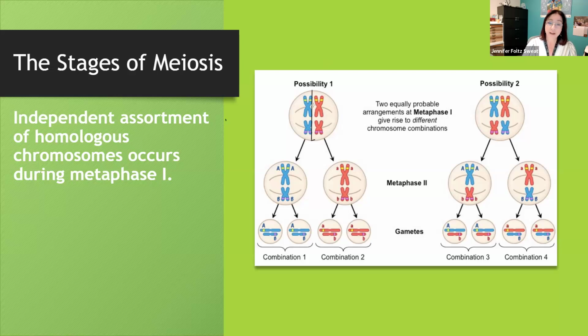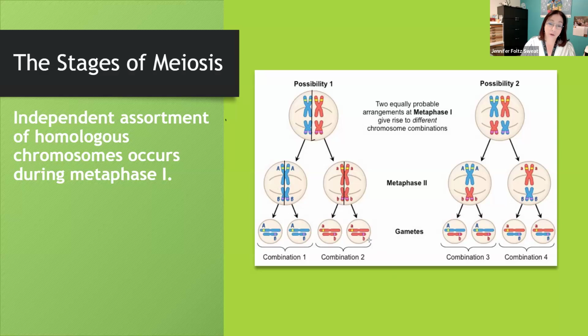So when the cell divides, remember it's going to divide along this equator or metaphase plate. You get long red, short red in one daughter cell after meiosis 1, long blue, short blue in the other daughter cell. Okay, so now the equator is going right through here, and so now this is where your daughter cells will divide.